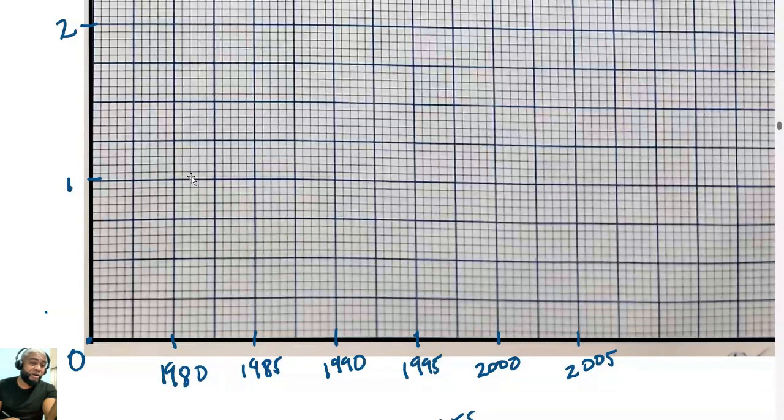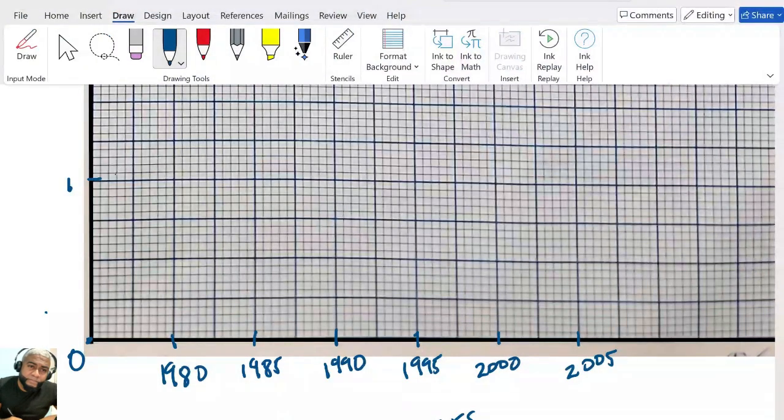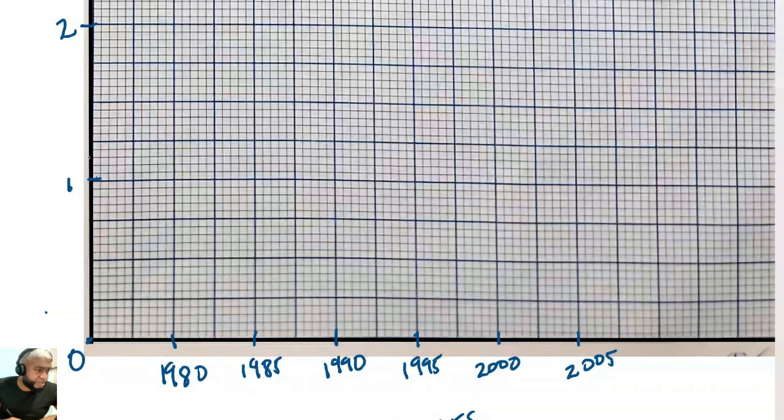So we need to figure out how we count in here. How many small boxes do we have between 1 and 2? Anybody? It is 4 boxes, right? Every 4 boxes is what? But how many boxes would be 0.1? That's what I'm asking.